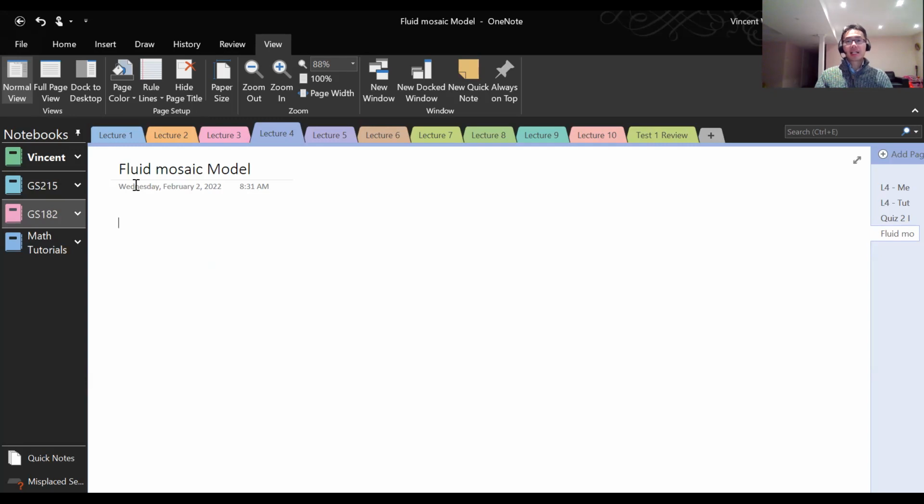It's constantly changing. That's what fluid means. A mosaic means it has many different components to it. So it's not just made up of one particular thing, but many different things together. And it forms this big sheet that covers the entire cell. Okay, so it's called a fluid mosaic model.